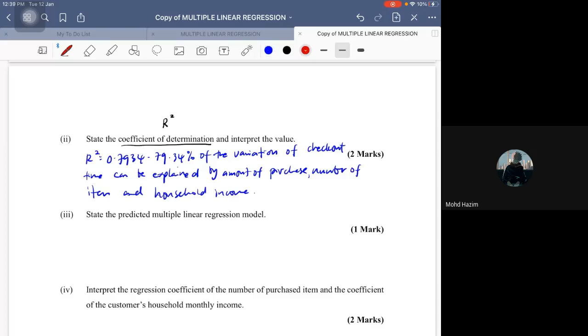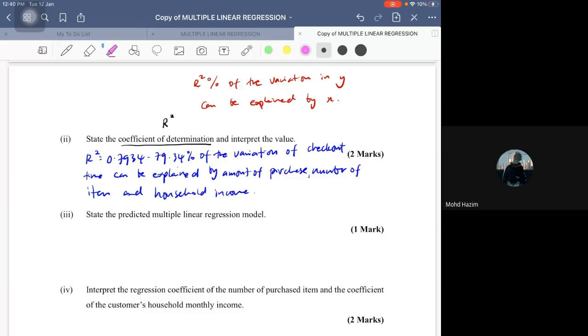Okay, so basically how do you do the interpretation for coefficient of determination? You just have to mention what is going to be the percentage of the variation in y that can be explained by x. So this is fixed. This is sort of what I call a fixed way to interpret this.